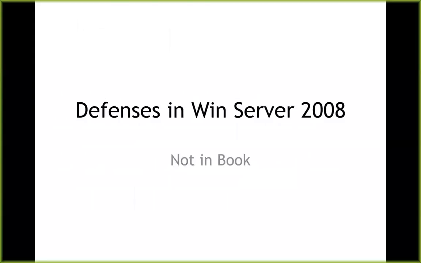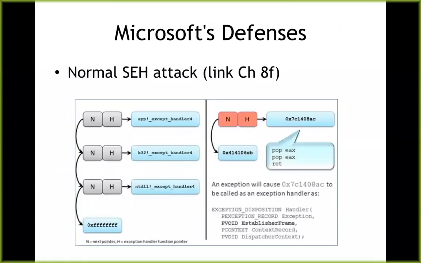So, all right, in Server 2008, Microsoft tried to raise the bar again. So here's a normal SEH attack. You have an exception, you call the handler, and up here you're now going to do, remember, this pop return, which is going to get you back into the code you injected.